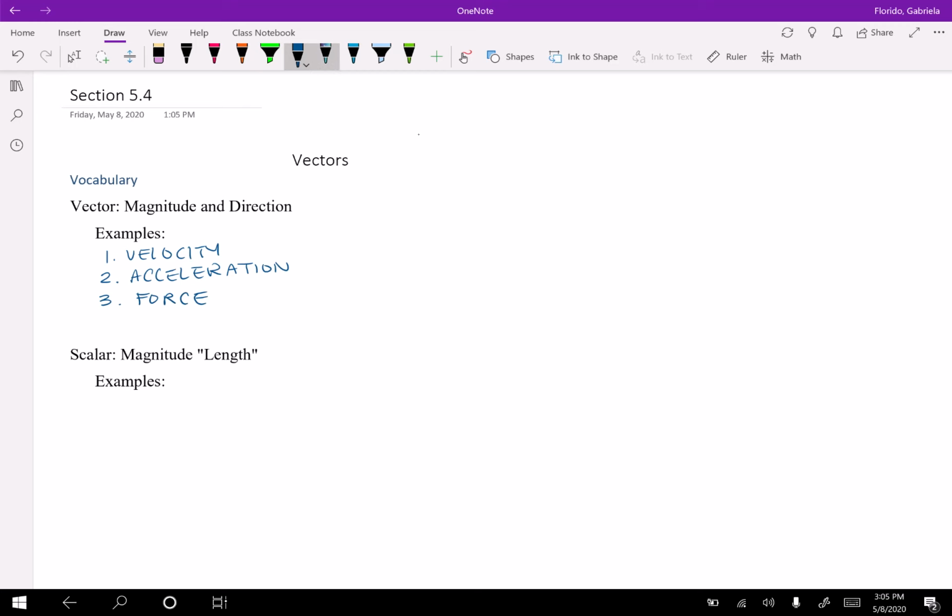So for example, we could say I moved a box to the right 5 feet. Not only is there this length, this magnitude of the 5 feet, but it also has some direction. It's to the right. So here is my direction and here is my magnitude.